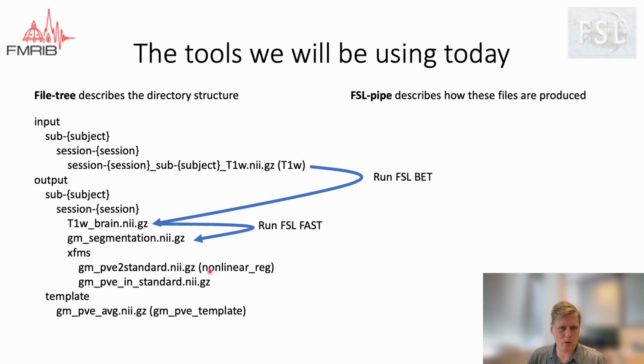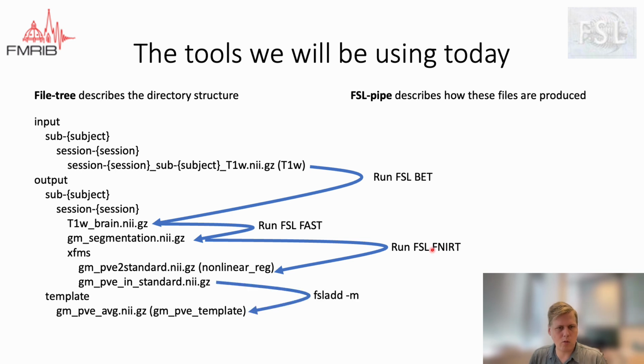We will tell it how to produce the gray matter segmentation by running FSL FAST, how to run registration by running FSL FNIRT, and how to create a template from the individual files by running FSL Add. So we basically just define all of these individual steps, and then FSL Pipe will put that together into a pipeline which will run across the multiple subjects, in this case across the multiple sessions, and produce the appropriate template.